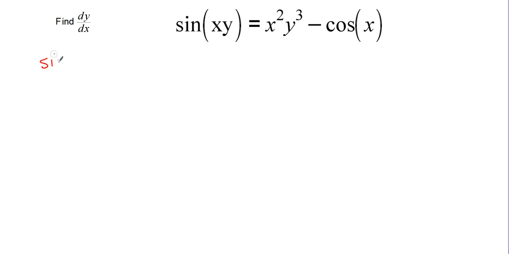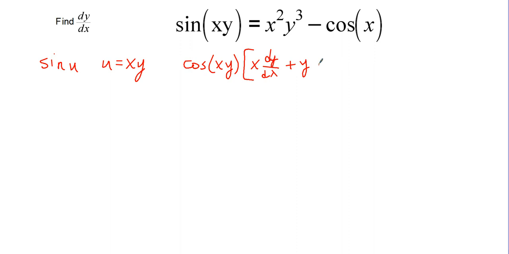So we need to find the derivative of sine of u, which will be cosine of u, or cosine of xy, and multiply it by the derivative of xy. We just found that derivative in the previous problem. It was x times the derivative of y with respect to x, plus y times the derivative of x, which is 1.